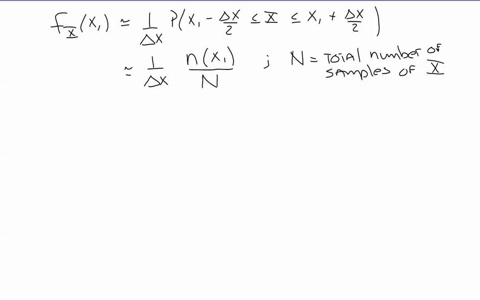All right? So we've estimated the probability density function at x1 by finding the number of samples that lie in the bin centered at x1, divide by the total number of samples, and divide by the bin width.